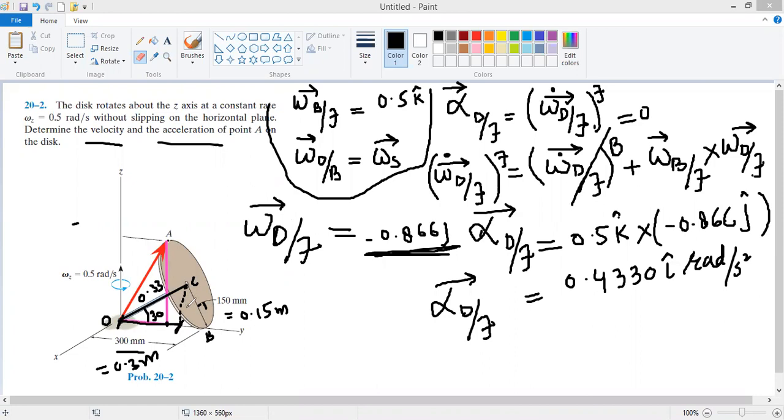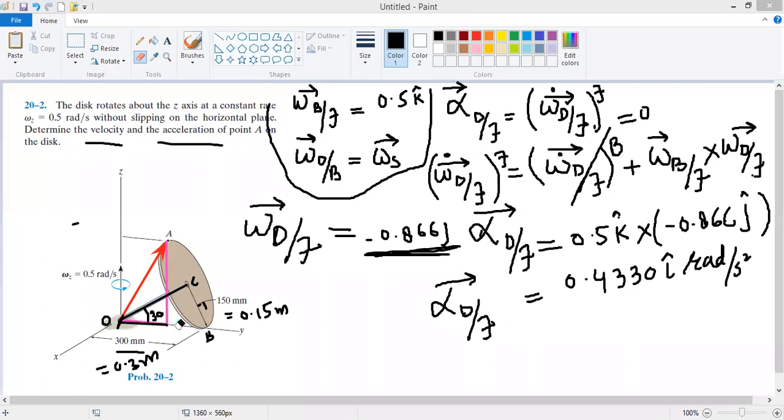Or we can do it like this. Let's not find this one, let's draw the perpendicular from here to here. We have to find how much this distance is.